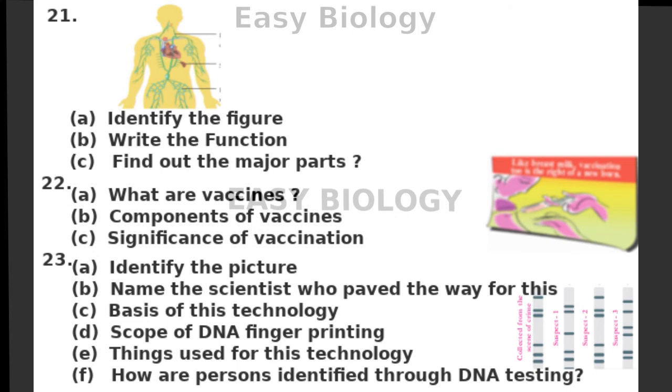Question 23d. Scope of DNA fingerprinting. Answer: to find out the hereditary characteristics, to identify real parents in the case of parental dispute, to identify persons found after long periods of missing due to natural calamities or war, to find out the real culprit in murder or robbery.